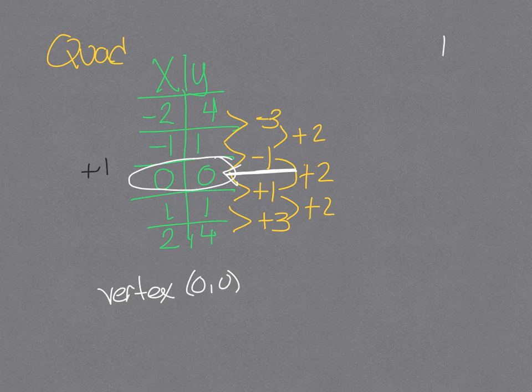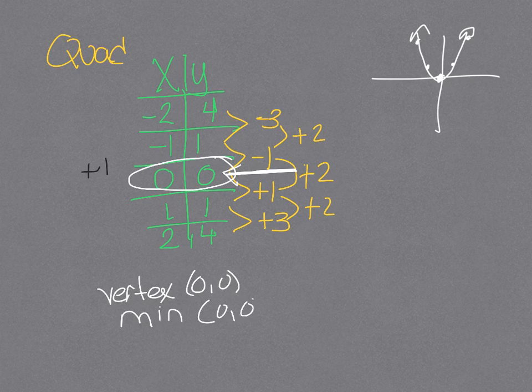If I sketch this graph, 0, 0, and I need to plot some other points so I can see if it's turning up or down. So -1, 1, -2, 4, 1, 1, and then 2, 4. So we've got a graph going upward. So that means we have a minimum vertex of 0, 0.